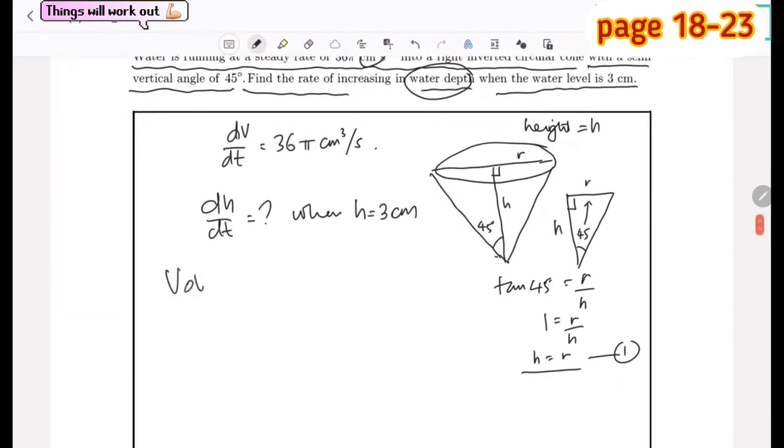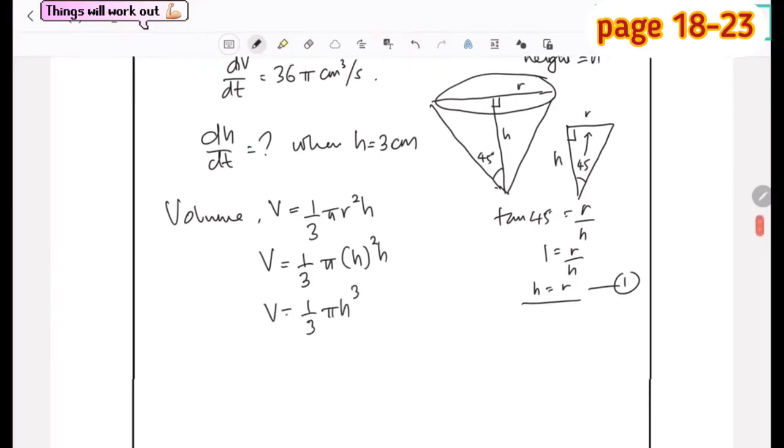So volume V equals 1/3 pi r squared h. Substitute r, since we need dV/dh. So V equals 1/3 pi, r is h, so we get V equals 1/3 pi h cubed.